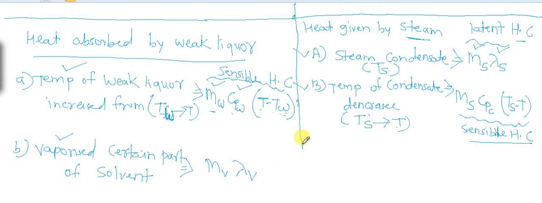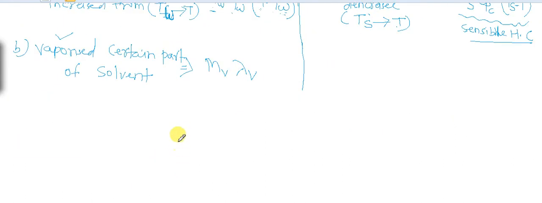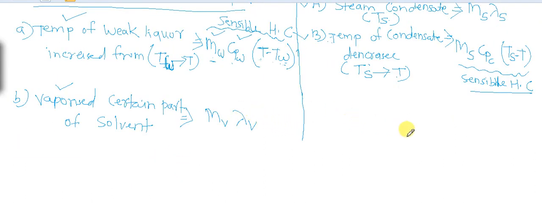Okay, so here again, in case of steam also, heat is given by the steam in 2 parts. Similarly, heat is absorbed by weak liquor also in 2 parts. Okay, and therefore we can write down the energy balance.